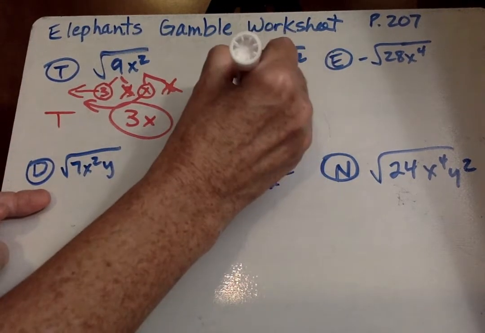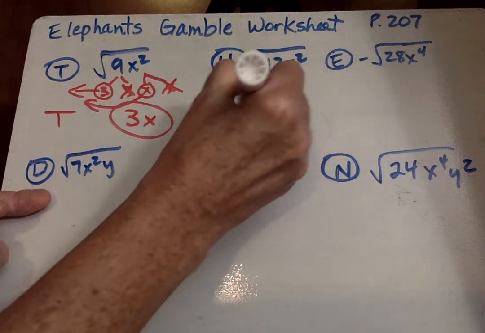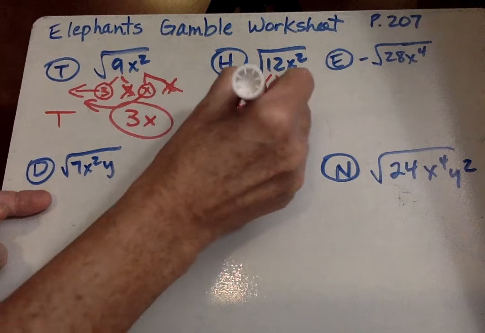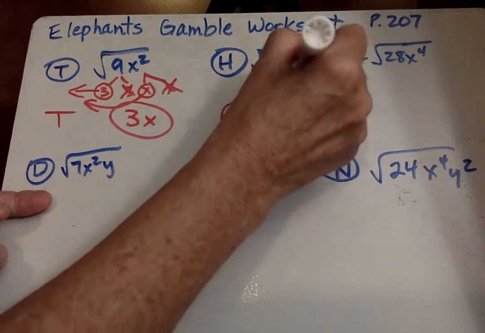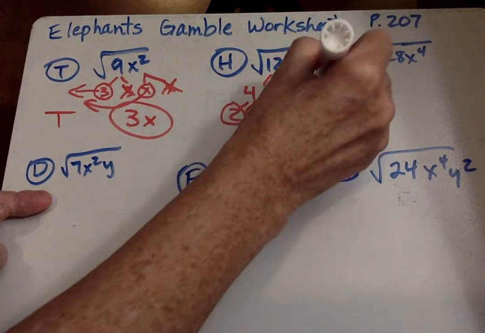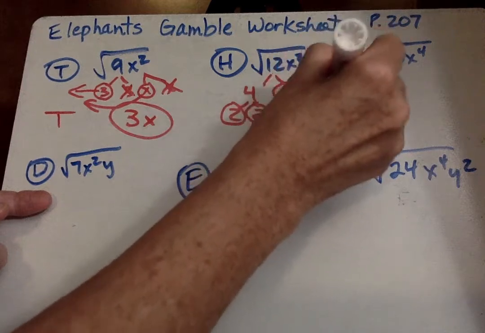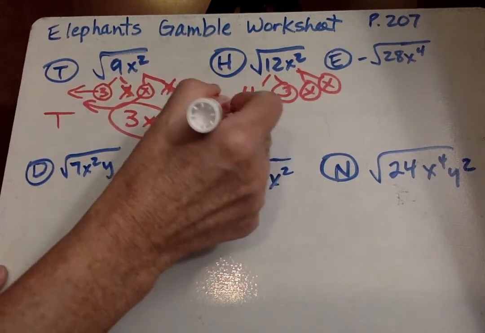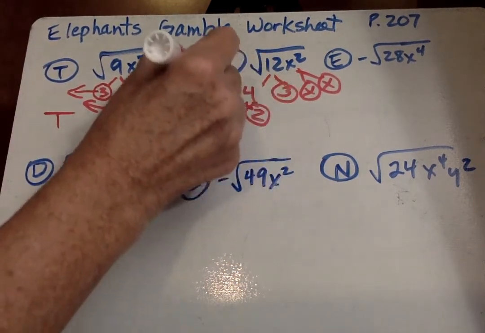So I can go 4 times 3 and I can go 2 times 2. So here we have a pair of 2's and a 3 and an x and an x. There's our prime factorization for H. So we say there's a pair of 2's, 1 goes away, 1 comes out.